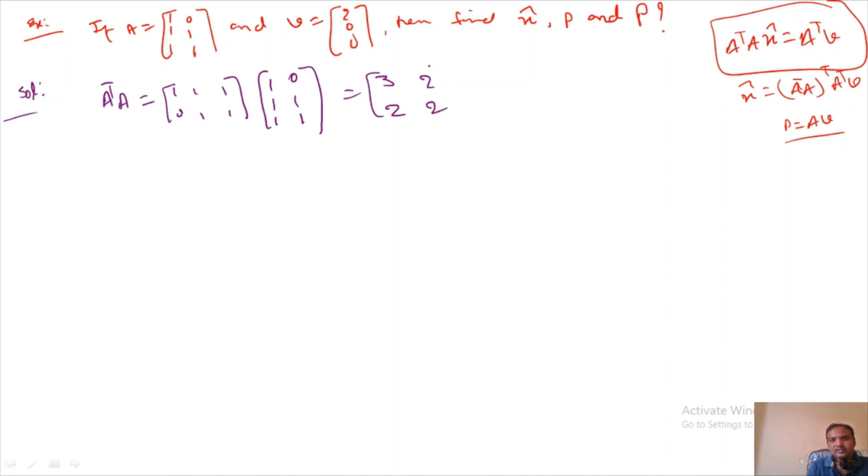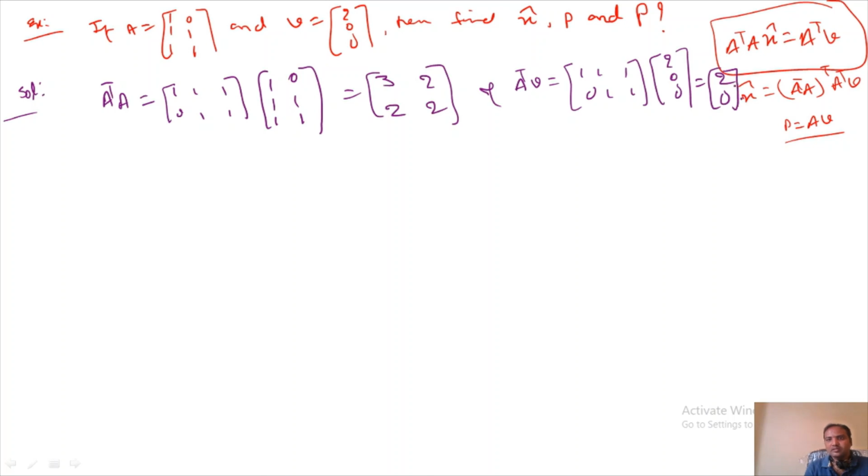Now A transpose V equal to [1 1 1; 0 1 1] times [2 0 0], which is equal to [2 2].